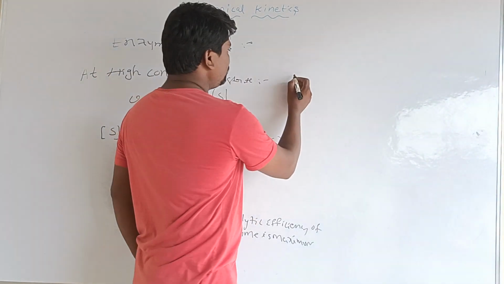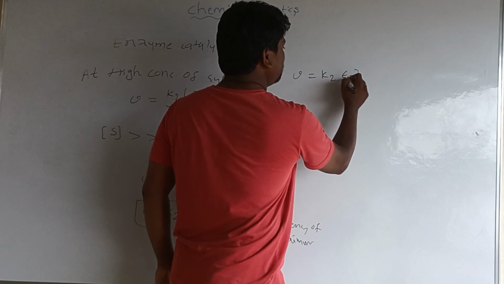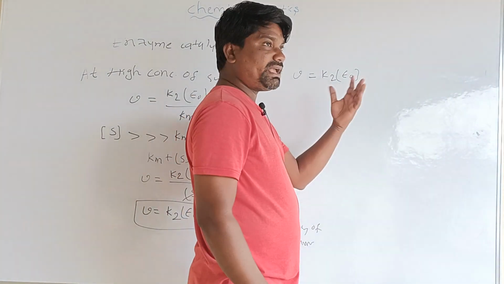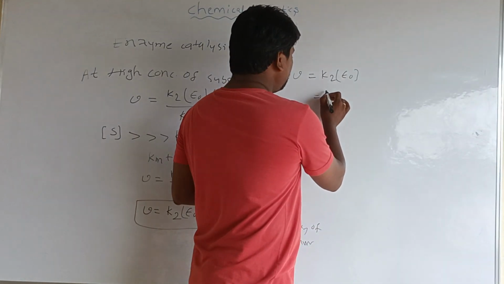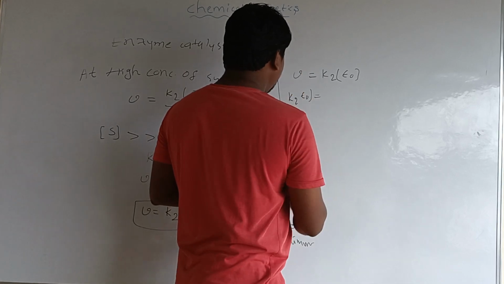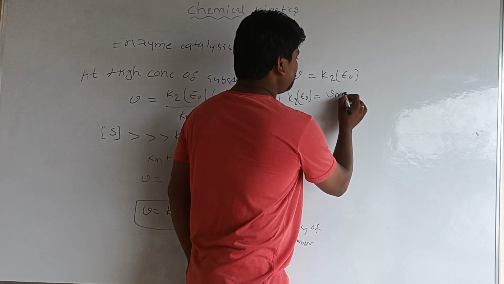Then mu is equal to K2 into E naught at high concentration. But here the rate is maximum, means K2 into E naught is written as mu maximum.